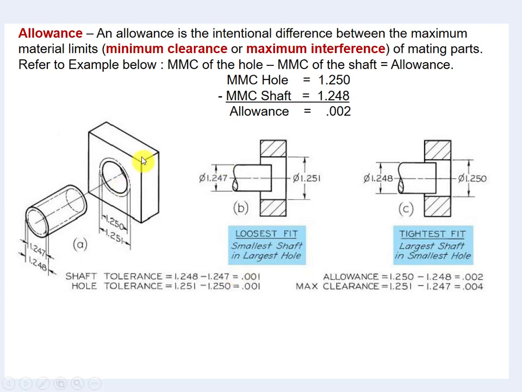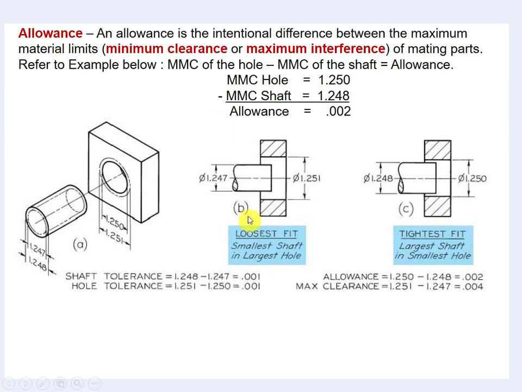Very good. Now, guys, if you want to calculate the allowance, ask yourself, does it depend on the MMC or LMC? The allowance depends on the maximum material condition: the MMC for the hole minus the MMC for the shaft.